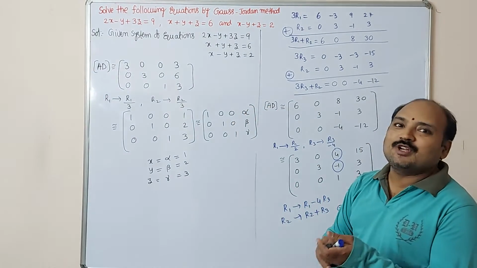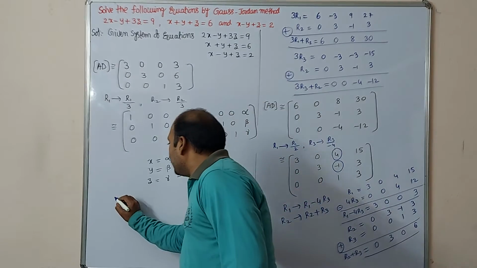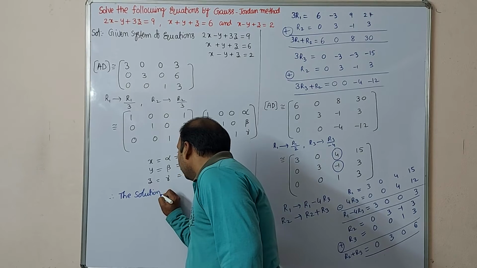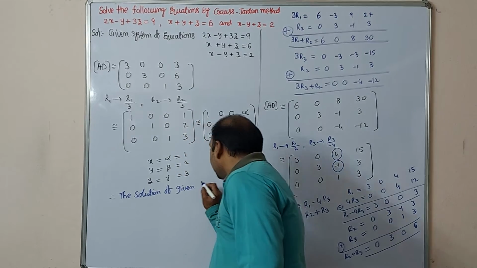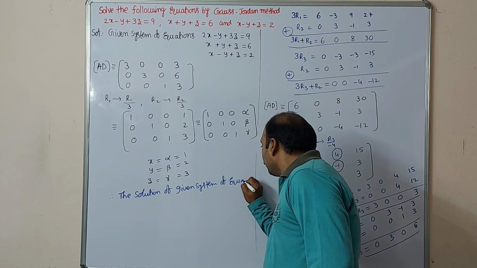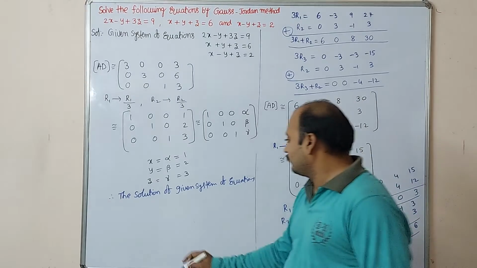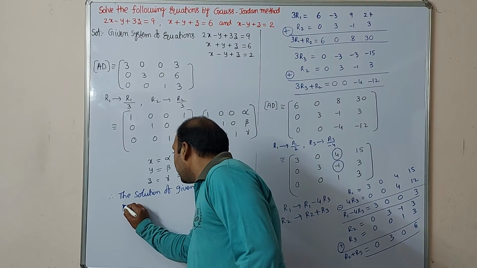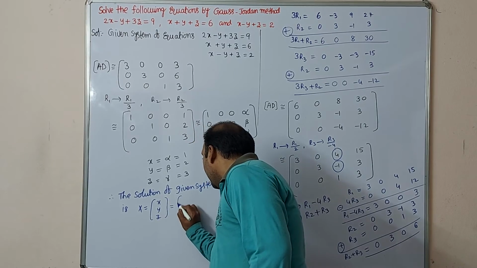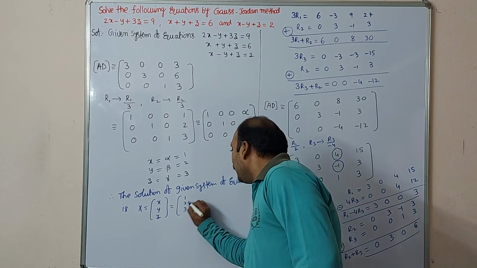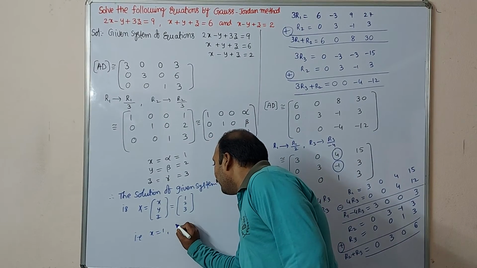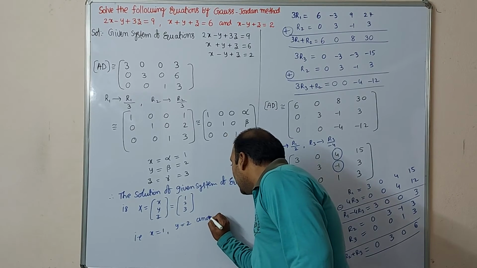Therefore, the solution of the given system of equations is capital X equal to x, y, z, that is equal to 1, 2, 3, or we can write it like this also: x is equal to 1, y is equal to 2 and z is equal to 3.